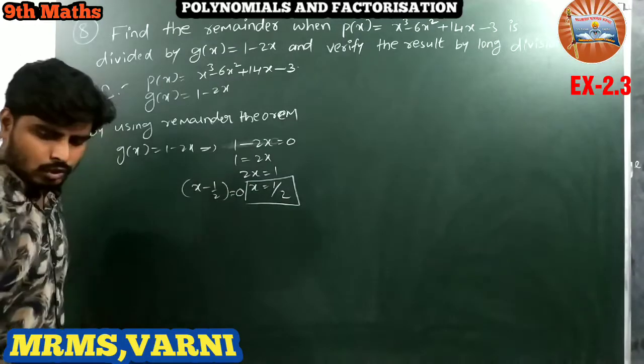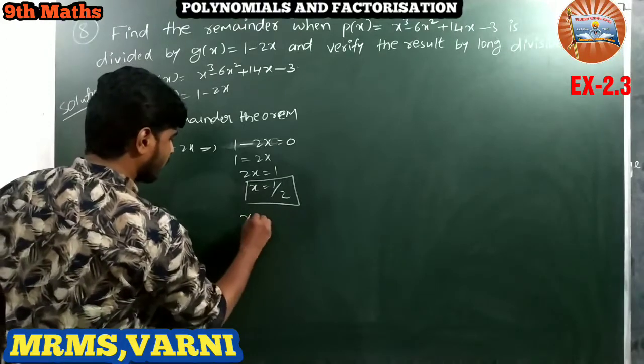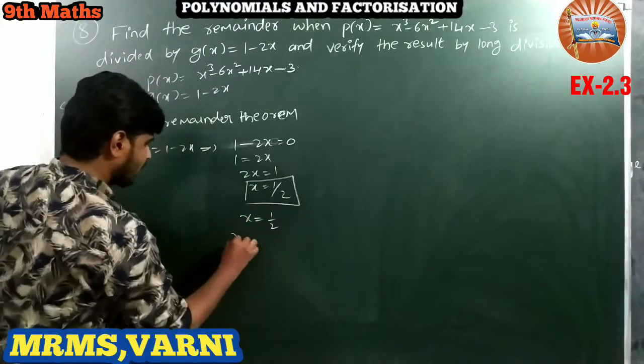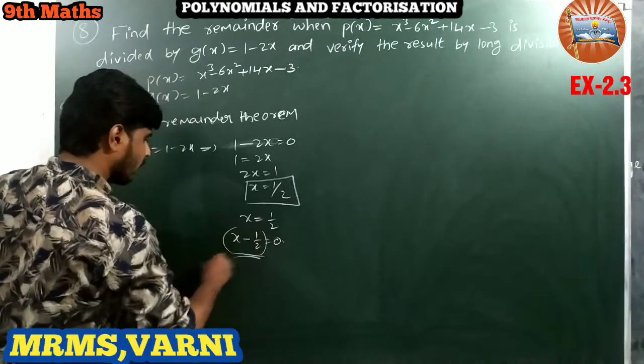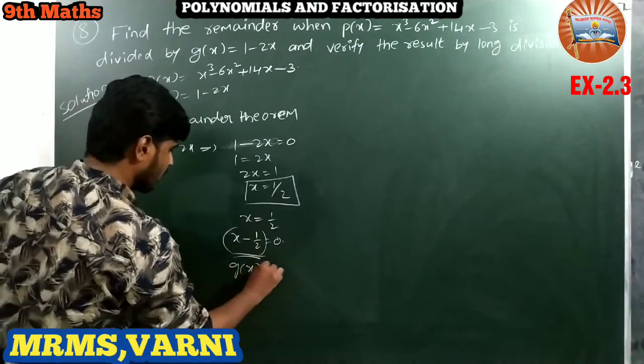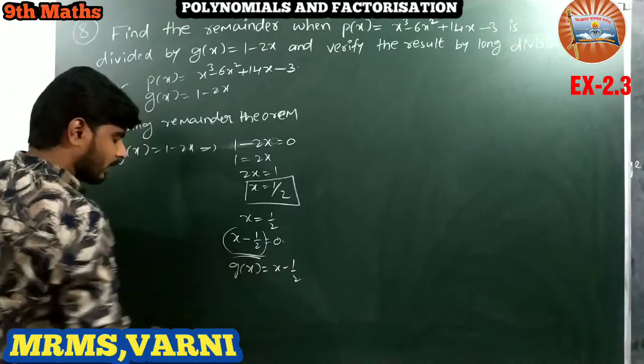You can write x equal to 1 by 2, so we can write x minus half is equal to 0. This is nothing but our g of x, isn't it? Yes, we can write like this.